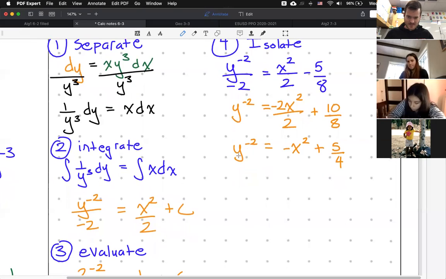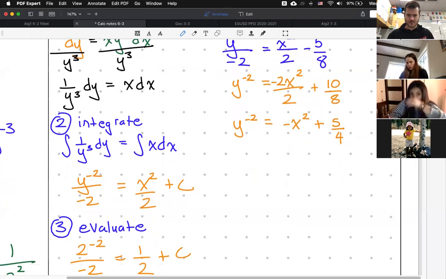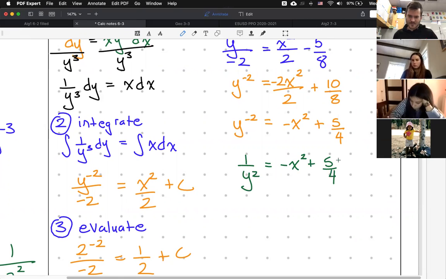So you need to solve for y. 1 over y squared. Perfect. Equals the same thing. Yep. And then this is where there's a little trick, and I'm curious if you know it or not. What do you think you do from here?